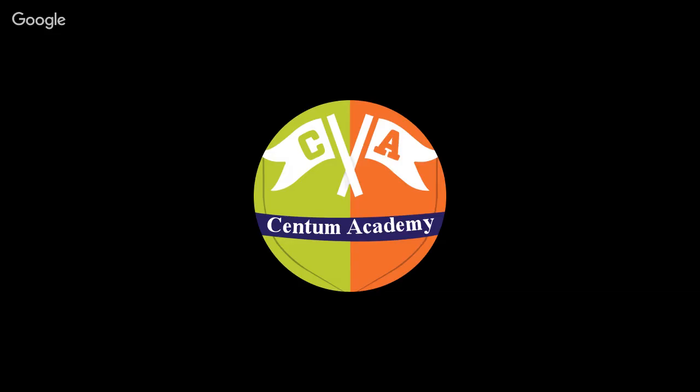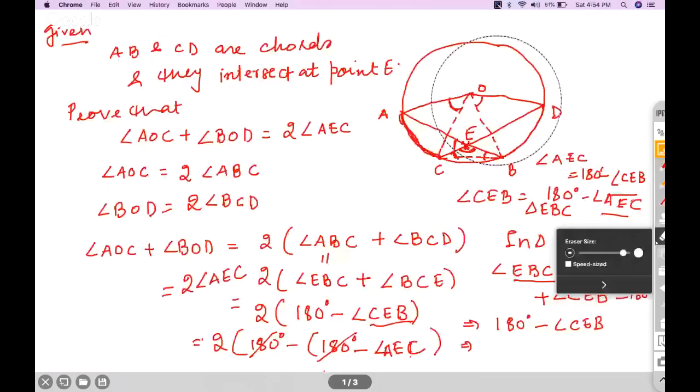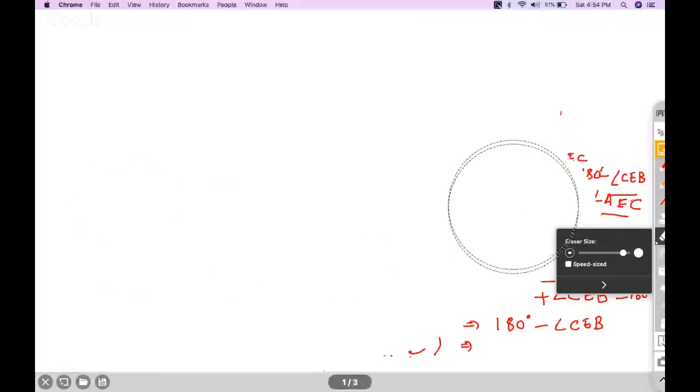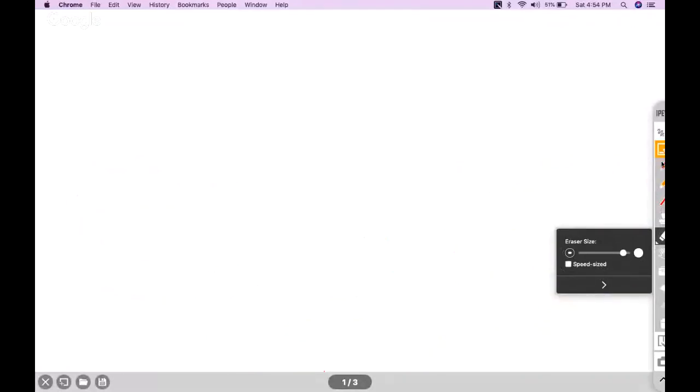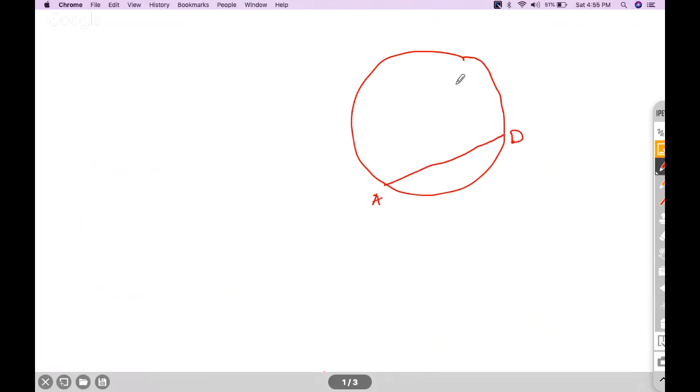Now let me give you another question of this topic, and this will be the last question from this topic. Then I'll move to cyclic quadrilaterals. So now this is a circle, and I have AD here, I have BC here.